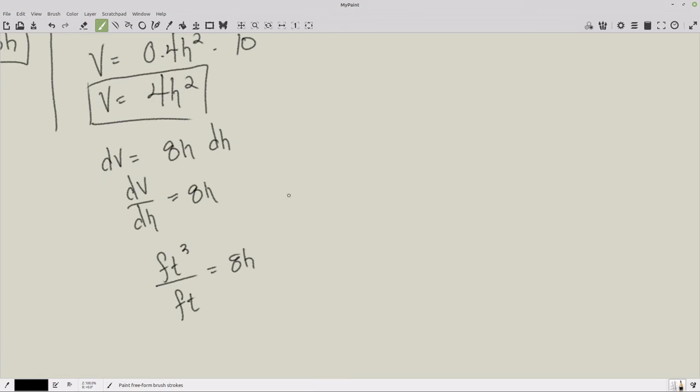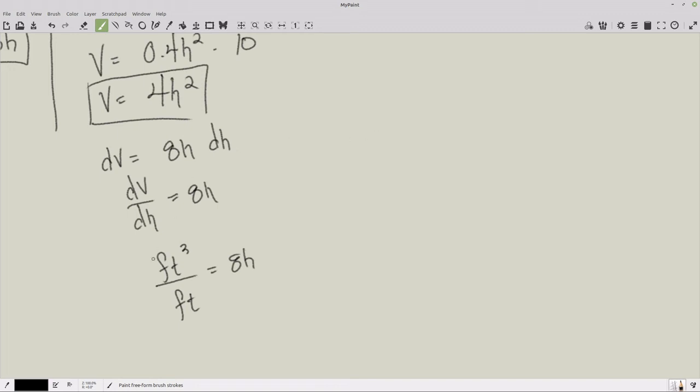Doesn't really make sense. Yes, they change together, there's a relationship there. But what we were asked is how fast is the height falling? That means it's going to be in feet per minute, or per unit time.